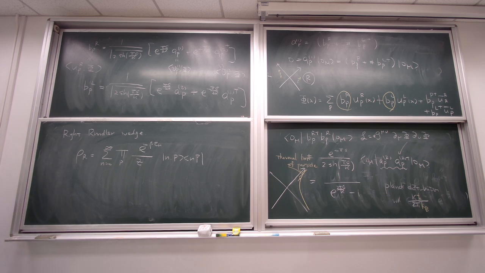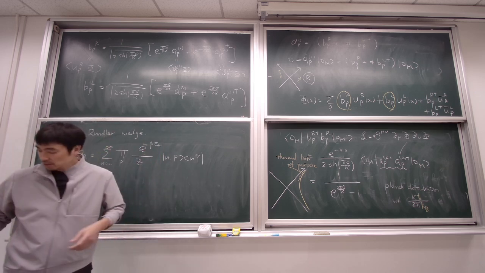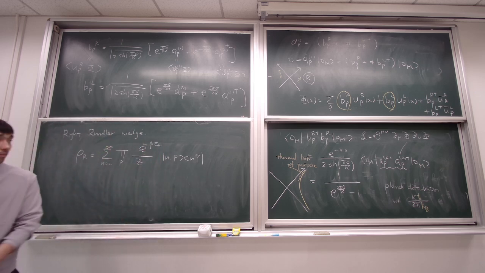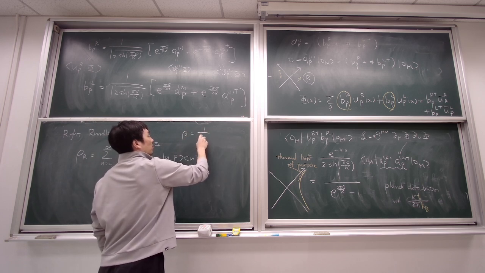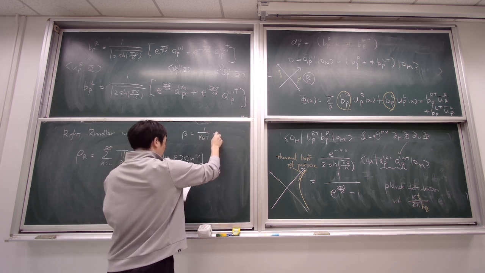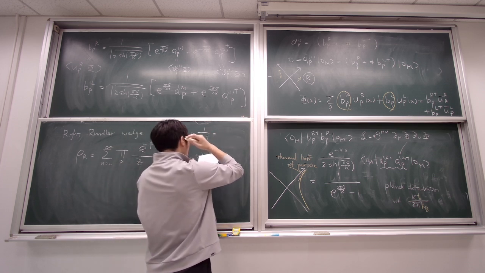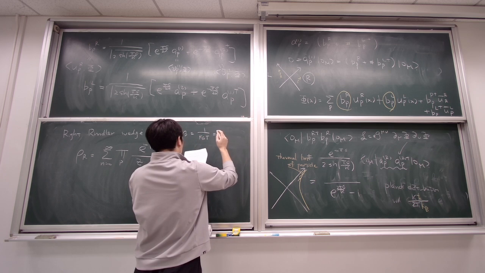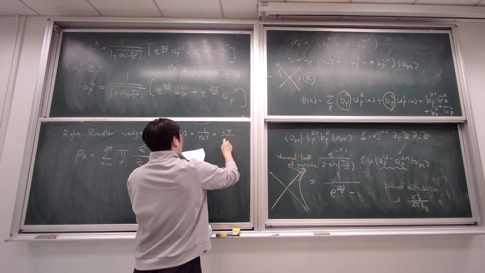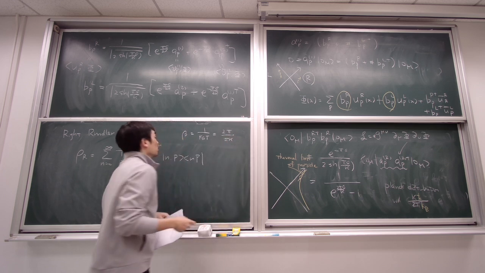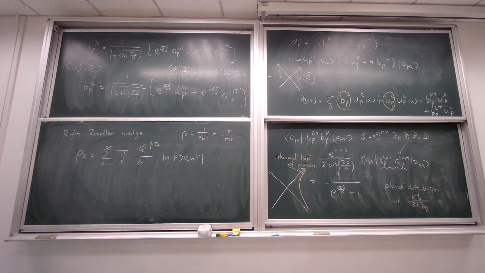This is similar to thermal radiation with temperature given by 1 over beta, and beta is given by 1 over k_B T, and in our case 2 pi over h bar kappa.